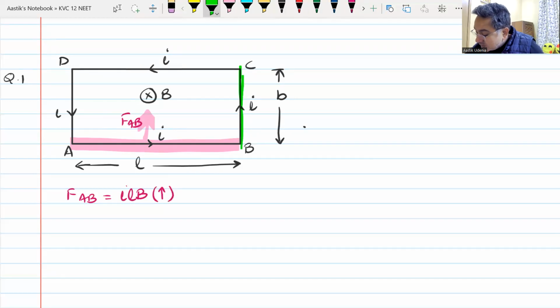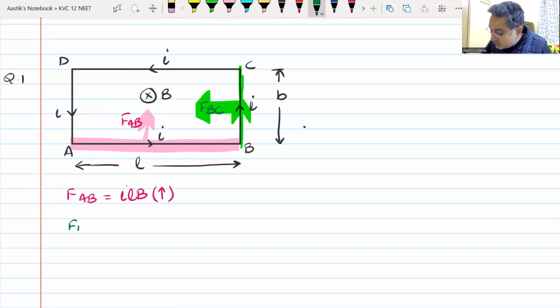If I talk about this green wire, BC wire, current is upwards, magnetic field is inside. The force on this green wire will be in this direction. Let me call it FBC. The value of FBC will be I into the length of this wire, which is B, into magnetic field B, and this force is going in the leftward direction.